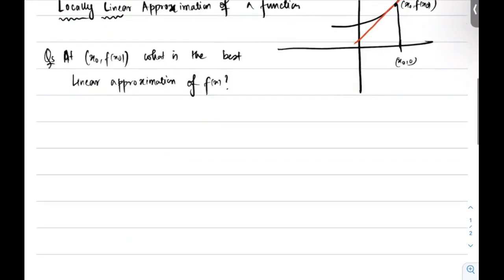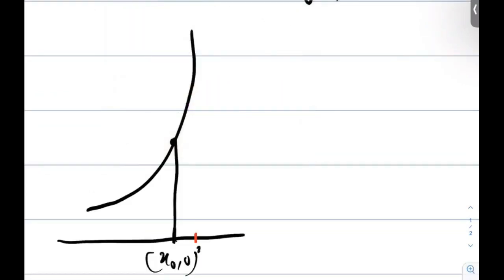And it's solved by a simple method using limits. It was done by Isaac Newton. It's very simple. Let's say you take this (x naught, 0). What he has done is this: if you take a small h, like (x naught plus h, 0), the corresponding height will be this.